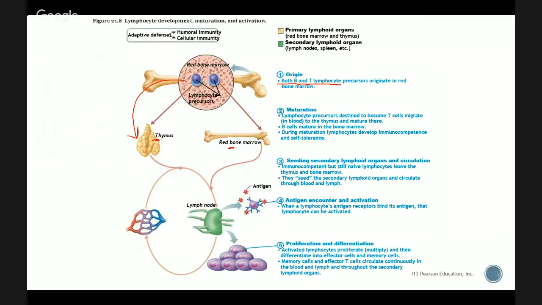And so while they're in these specific places, they mature. What happens is they go to school, they become educated. They are developing into cells that go after specific pathogens.